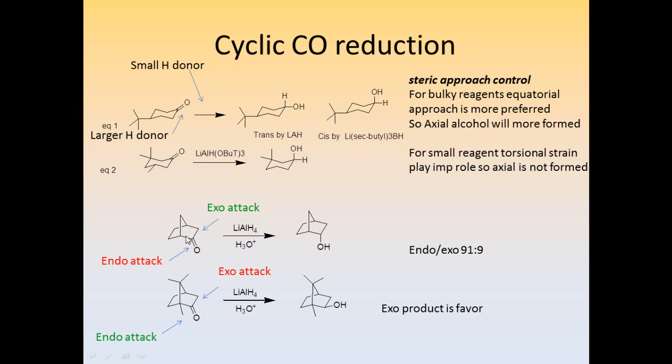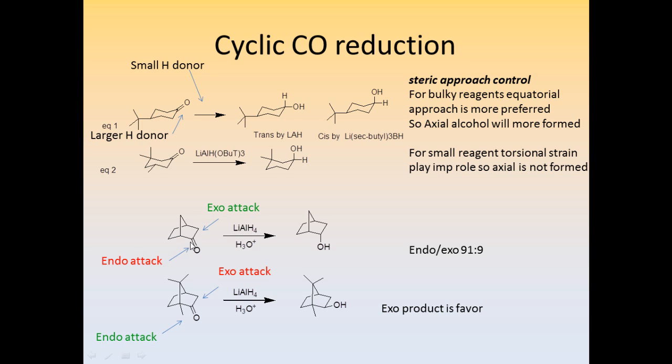Here the exo attack is possible, here the endo attack is less possible. There is no repulsion here for the hydride donor, so it gives more of the endo product. Here the cyclic structure cannot approach the CO group.